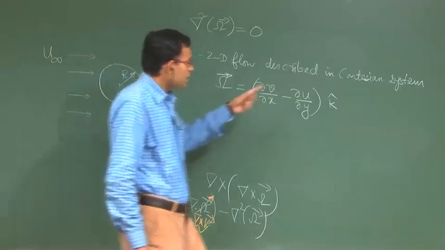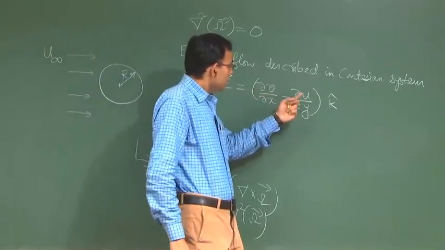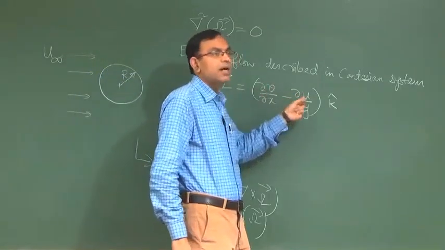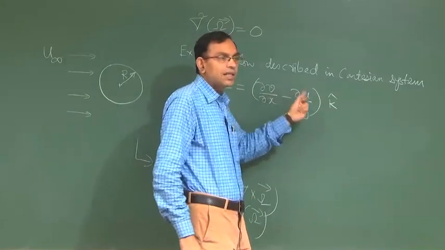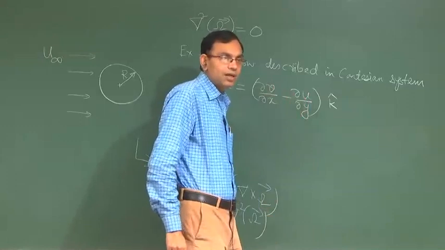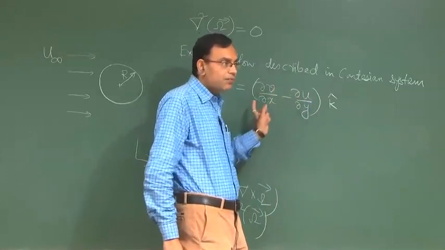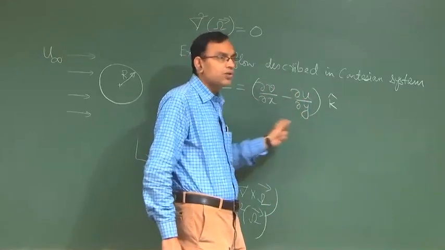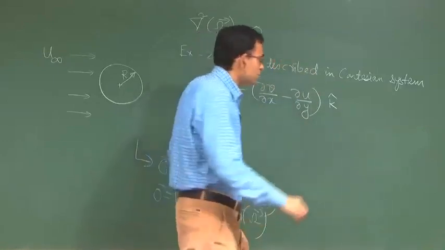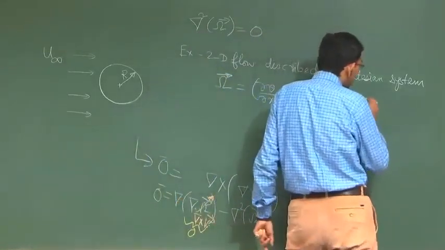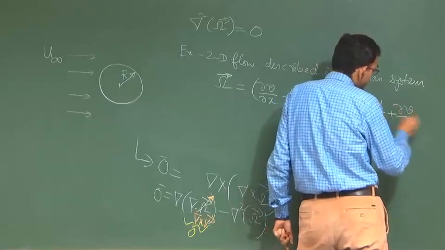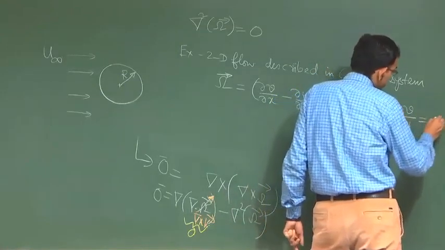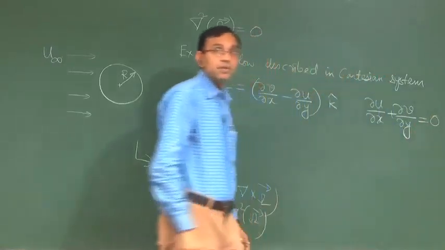So, you can convert this to a single dependent variable by parametrizing u and v, writing the parametric forms of u and v, and that parametric form can be written by appealing to the continuity equation. So, for 2-dimensional incompressible flow you have this.